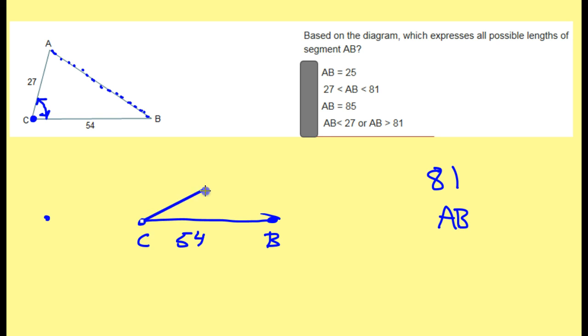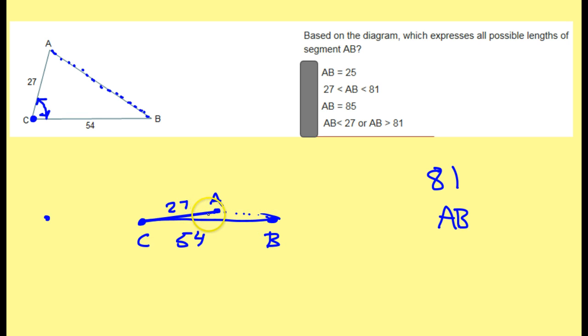Now if I close this, making it as small as possible. Now remember, this is 27, and this down here is 54. Now, this rubber band part, because this would be A, that's going from A to B. It's getting close to being as small as it could be as we're making this smaller.